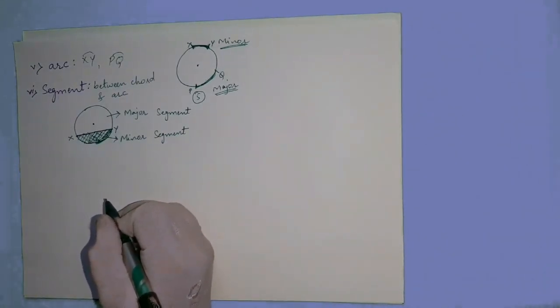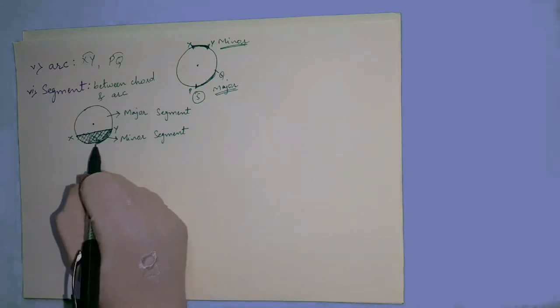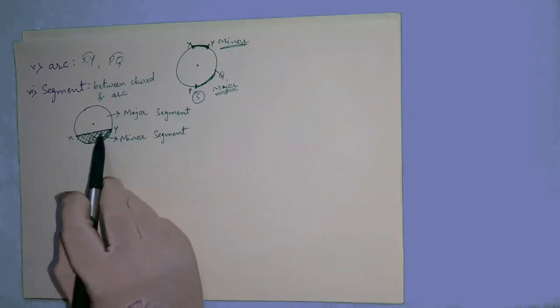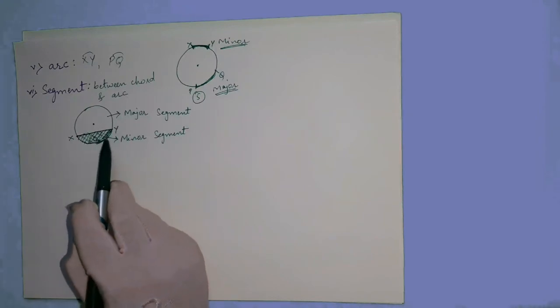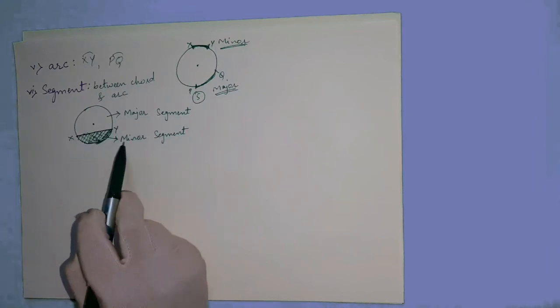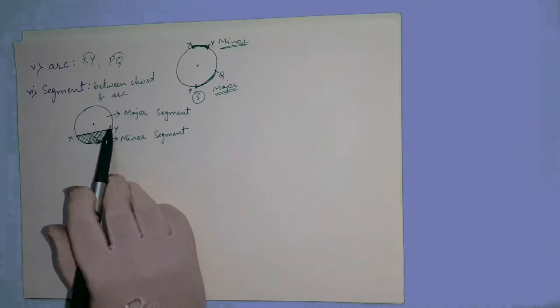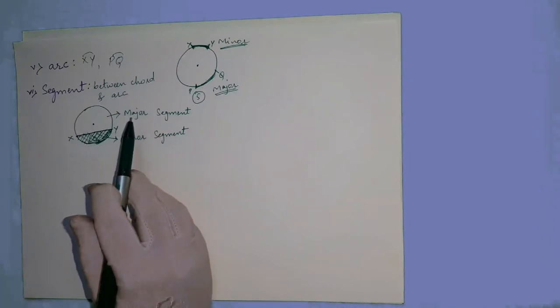What you have to remember as the definition: segment is the region, meaning area, between the chord and an arc. And in that segment again you have two, minor segment and major segment. The minor segment is with the smaller arc, the smaller part, that's why it is called minor segment. The one with the bigger arc is called the major segment.